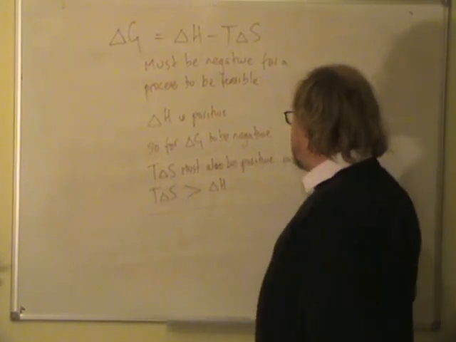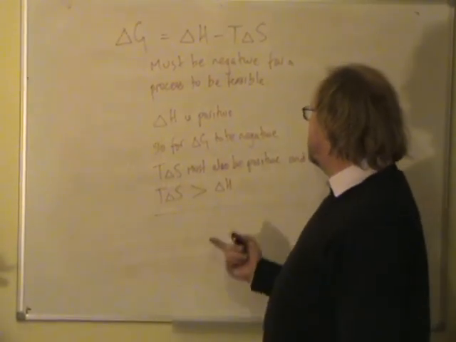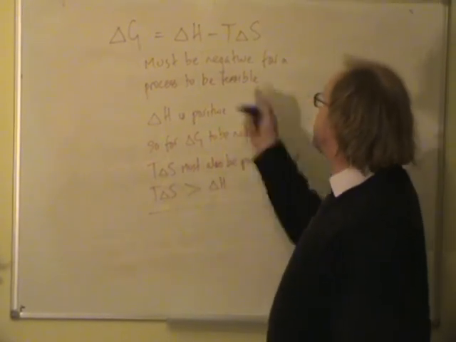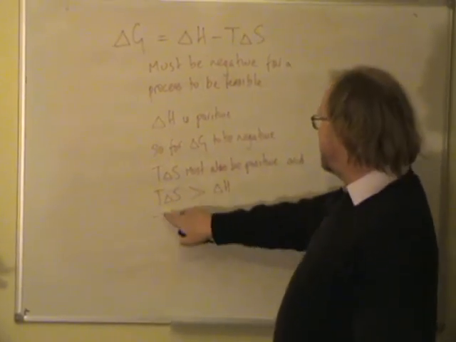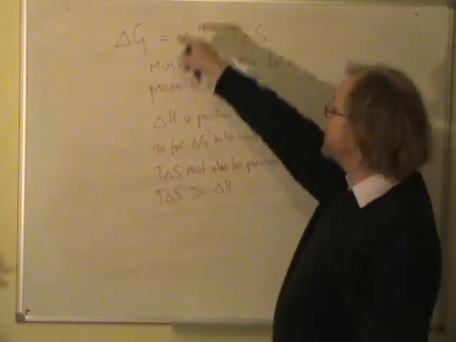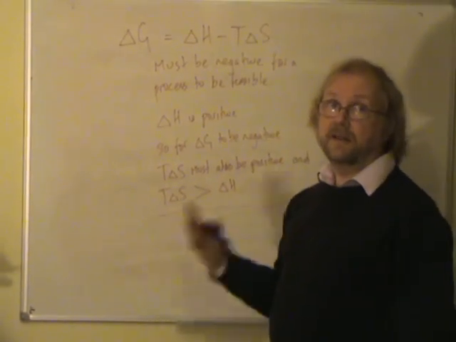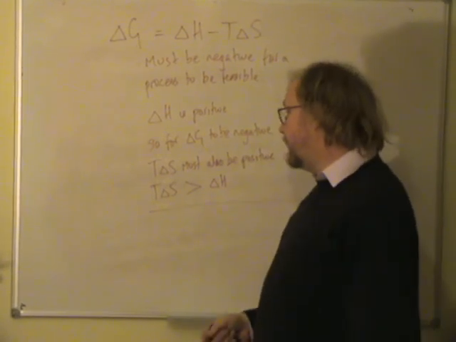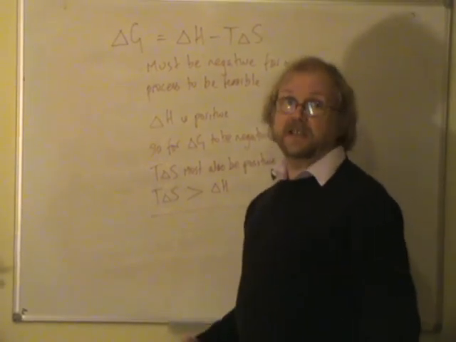And that's really all you need. That delta S must be positive for this solution process, and sufficiently positive that T delta S outweighs the delta H to make delta G negative overall. And that's the end of what was actually quite a challenging question.